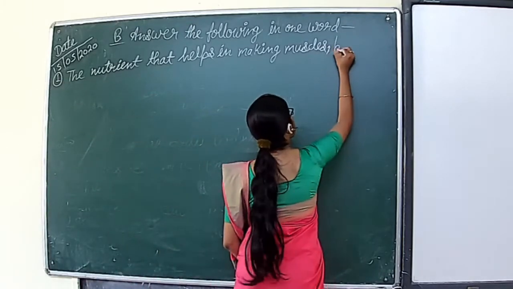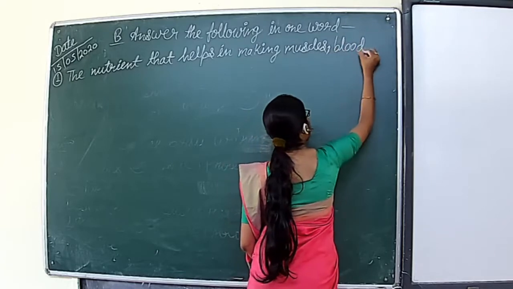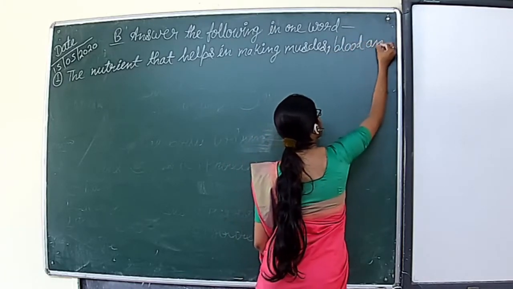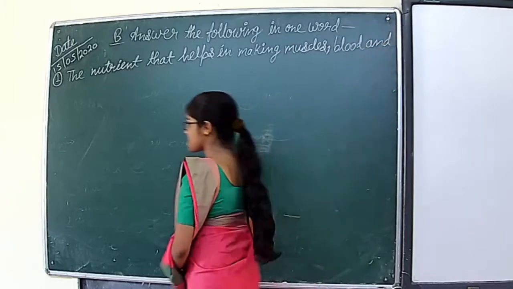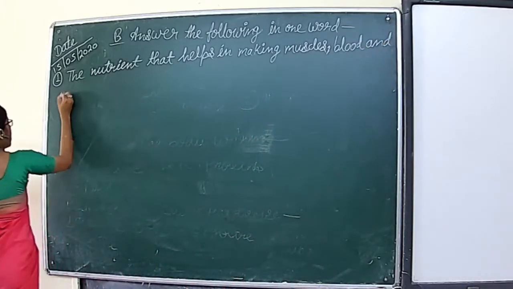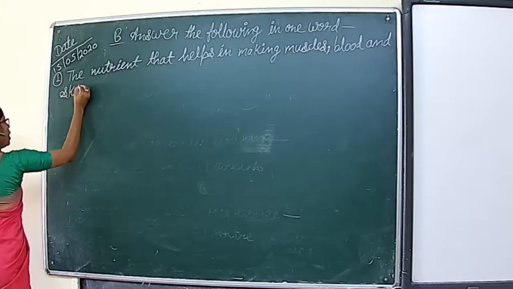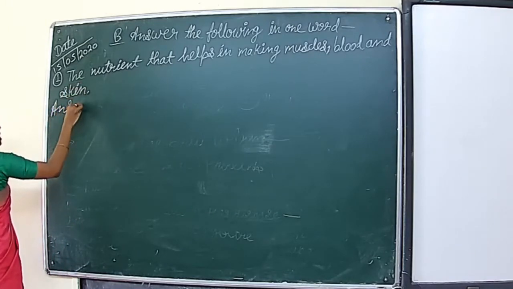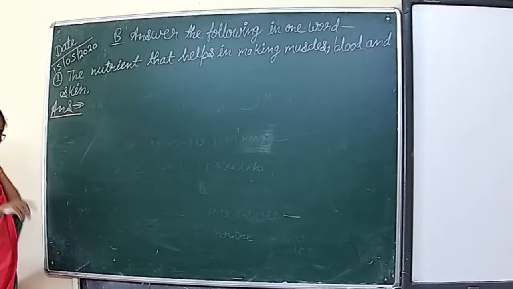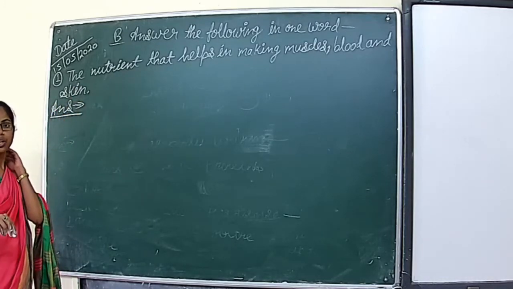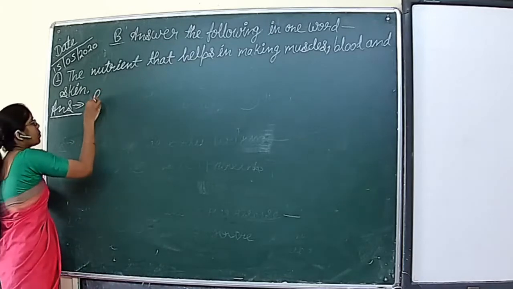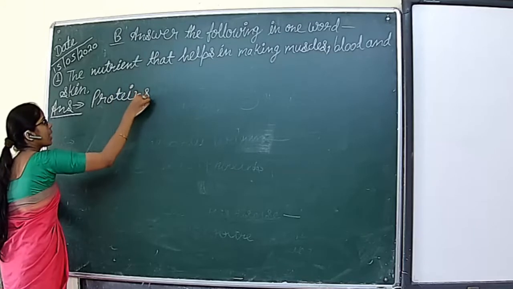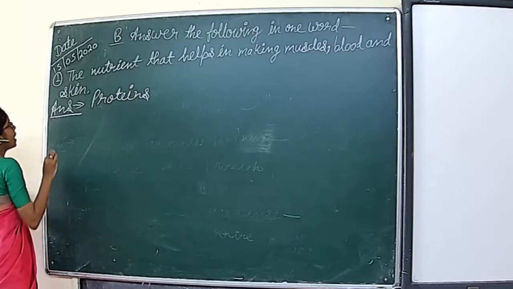What is the name of that nutrient that helps in making muscles, blood and skin? What is the answer for this? Protein. Proteins are the nutrients that help in making the muscles, blood and skin.